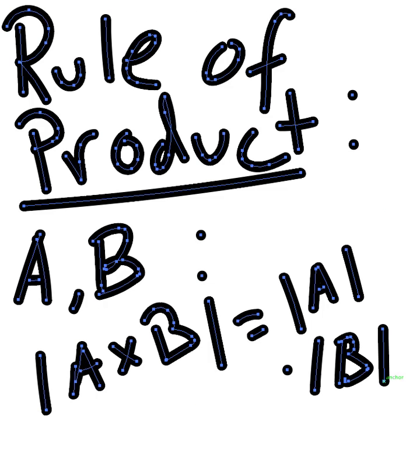There are times when these things are useful, and in fact, we can use the rule of product to find the total number of permutations for a given finite set.